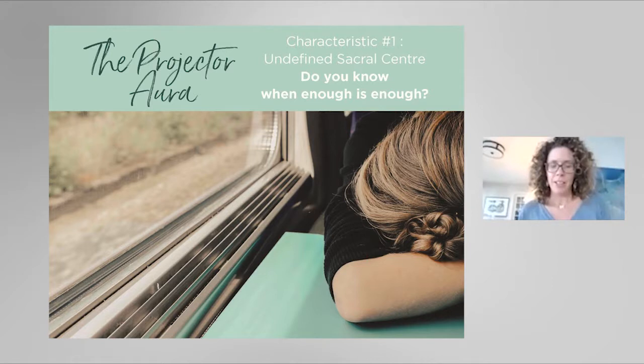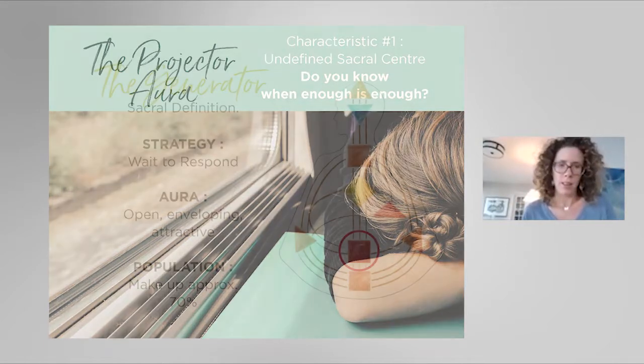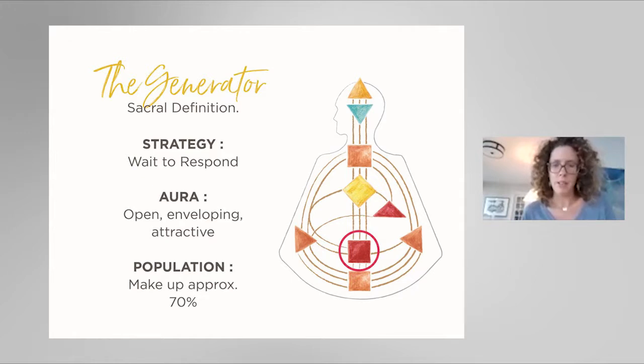All right, so the first thing that I really wanted to share with you is about what it means to actually have an undefined sacral center. The sacral center, the second from the bottom center here, is defined in almost 70% of the planet.